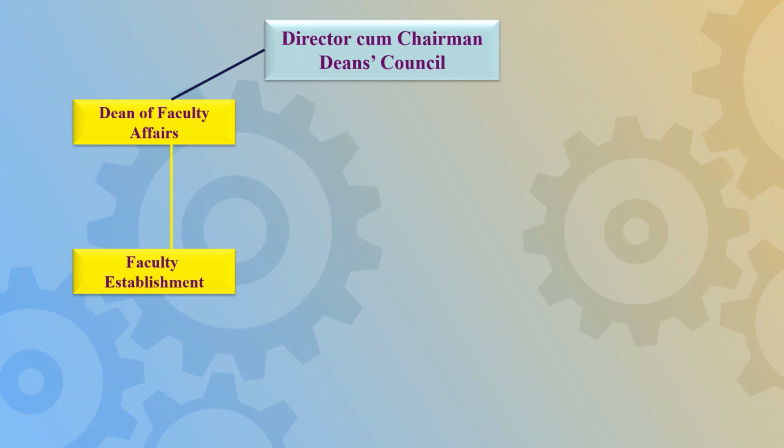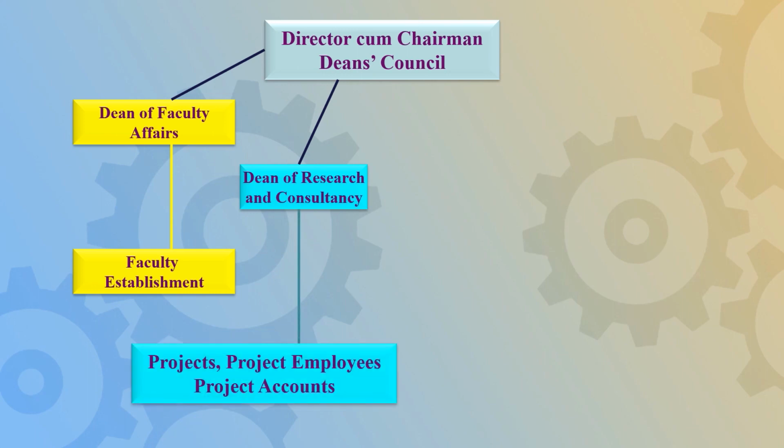Everything is in the Dean of Faculty Affairs office. Similarly, Dean of Research and Development. All matters, including the appointment of project functionaries and the funding, everything is controlled by the Dean of Research and Development. That office also is headed by a person in the rank of Deputy Registrar.